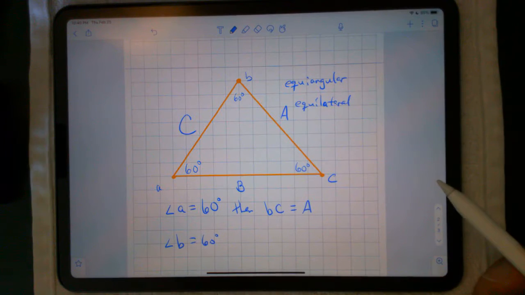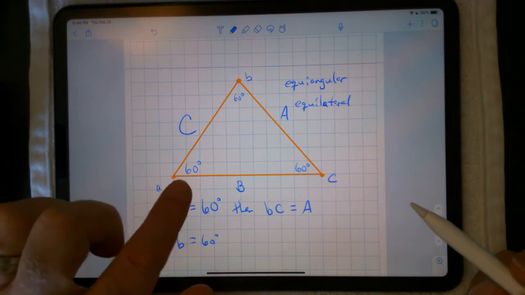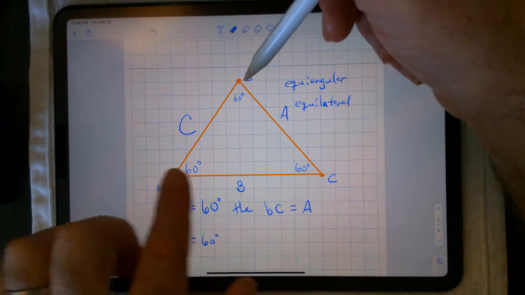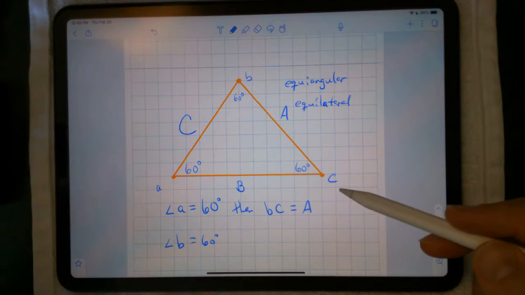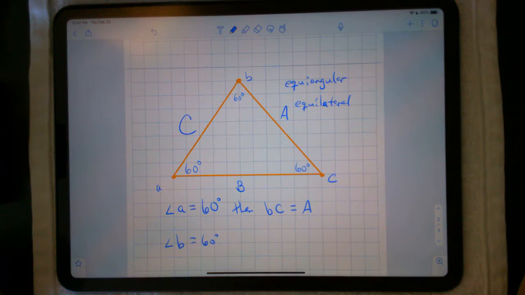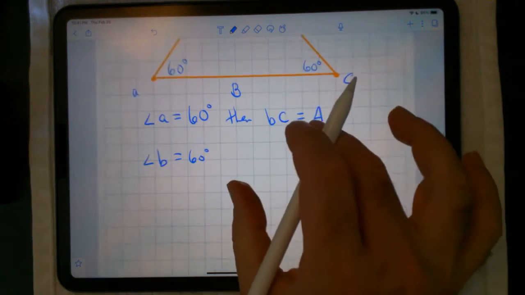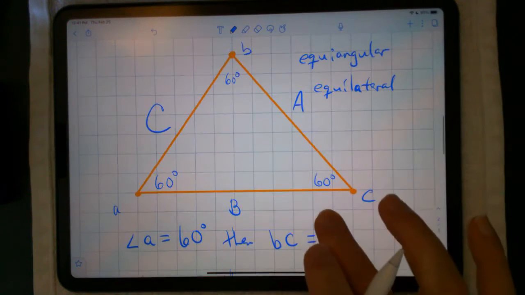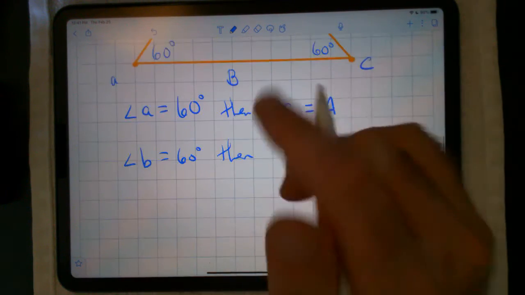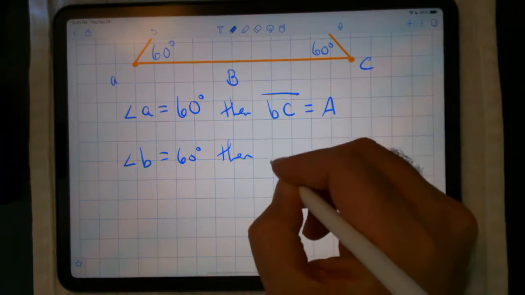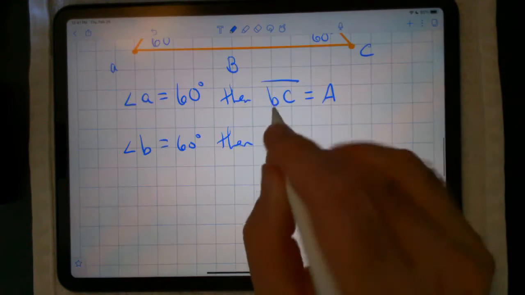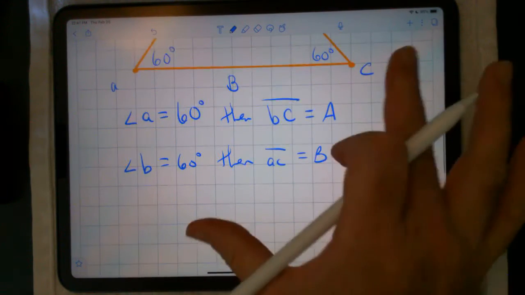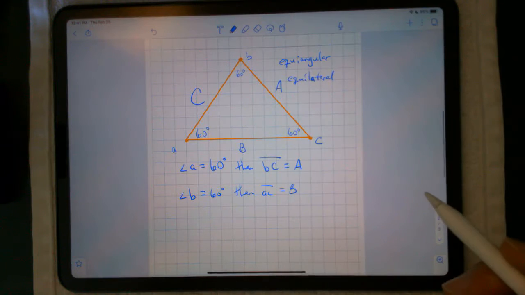That's just how triangles are read. So this angle goes with this side, this angle goes with the opposite side. So if angle B is 60, then line AC is equal to B, and similarly for the third point.